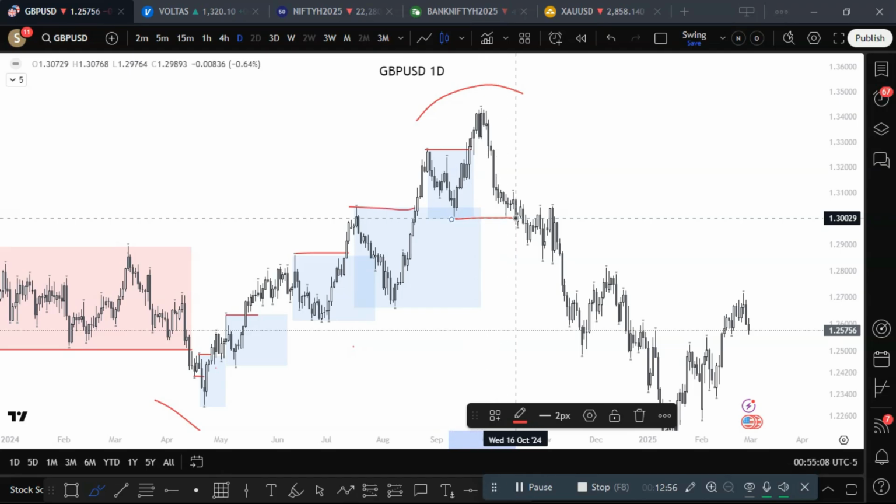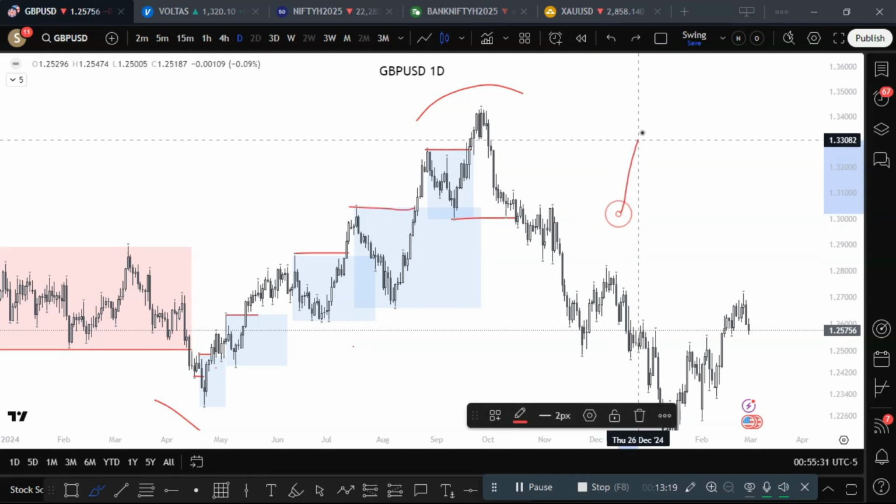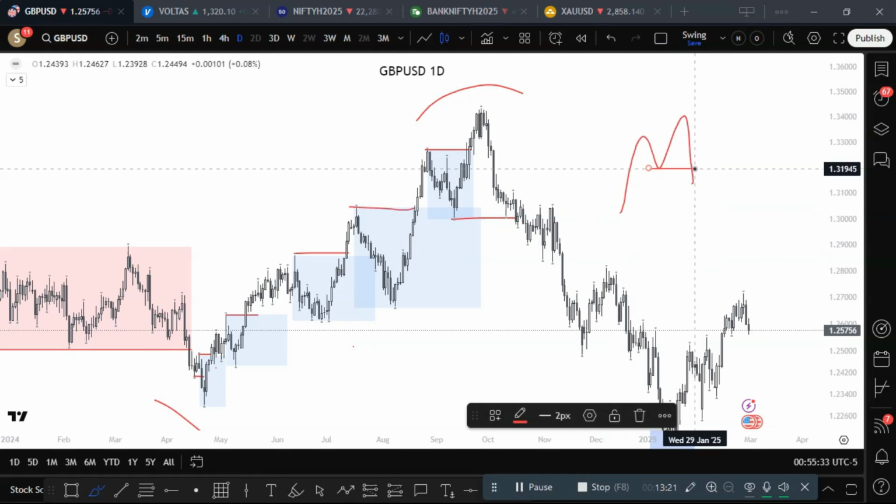Now when price did not respect our ranges, sell to buy, buy to sell, this is the first indication that price wants to change the trend. Again, it is not yet confirmed, because price can break one range, come to another range and then continue to push up. This is why choch traders fail. When price did this, they think, oh, it is a choch, and they try to sell here.